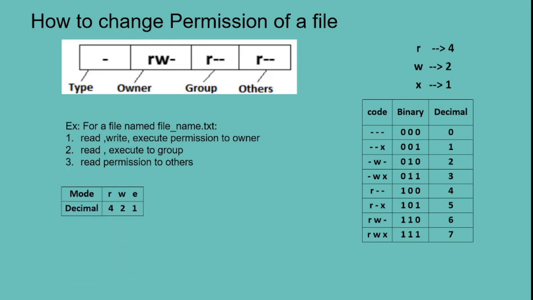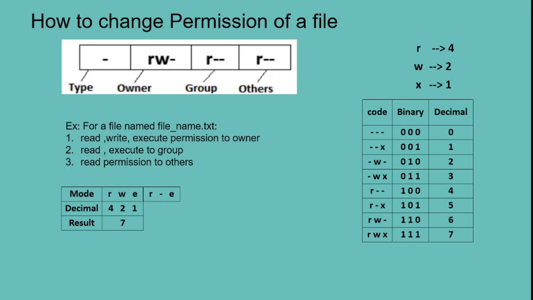We will identify the decimal code. If you look at the right side, the r access mode has decimal 4, the w access mode has decimal 2, and execute has decimal 1. So the result will be 4 plus 2 plus 1 equals 7.